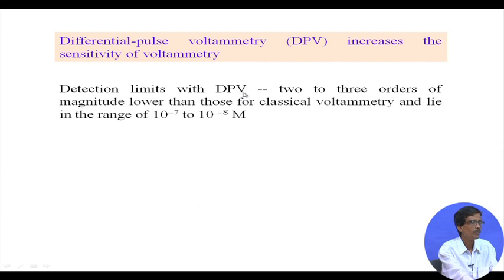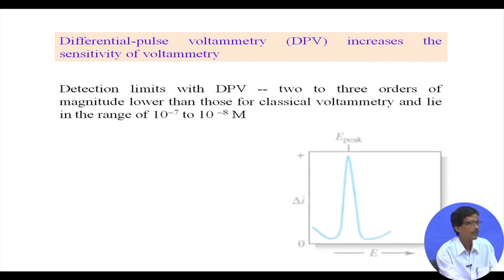But in case of DPV, compared to classical voltammetry, it lies within a range of 10 to the minus 7 to 10 to the minus 8. That gives 2 to 3 orders of magnitude compared to the 10 to the minus 5 molar concentration we use routinely for our cyclic voltammetric measurements.